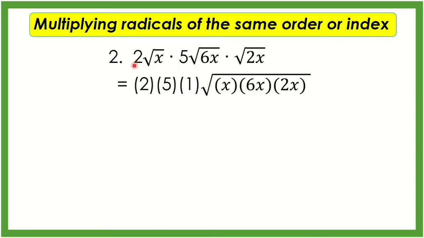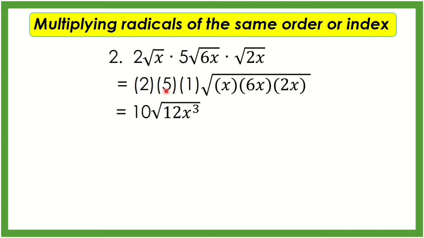Ang coefficient ng una is 2. Ang pangalawa is 5 at ang pangatlo is 1. And then, ang radicand sa una is x. Imumultiply natin sa second radicand, which is 6x, and the third radicand, which is 2x.